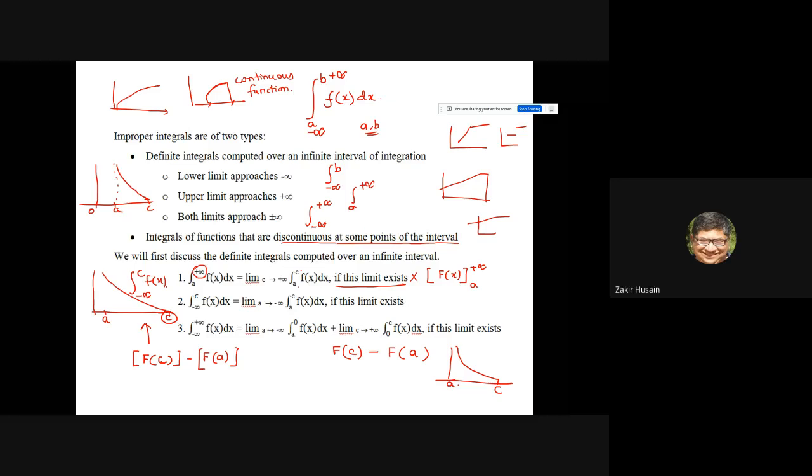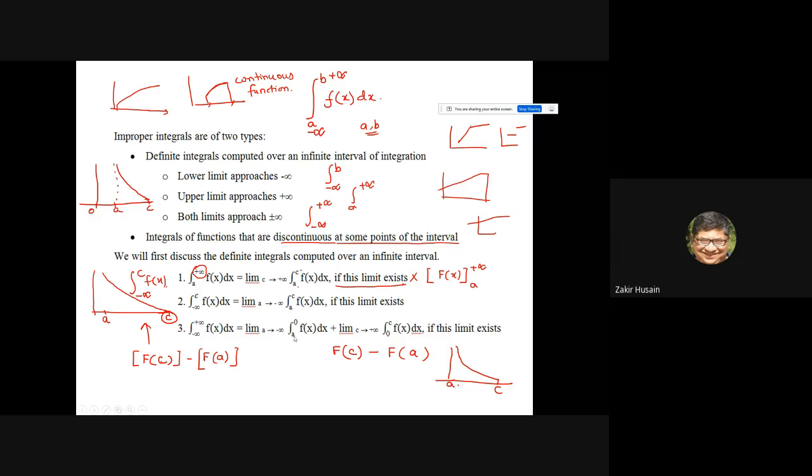And if we have a boundary problem in both cases, the lower bound and the upper bound, we can take it like this: a to 0, limit a tends to minus infinity. So we take it from a to 0.